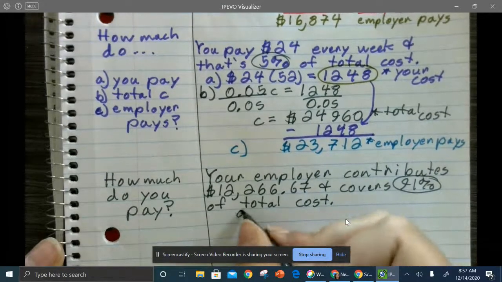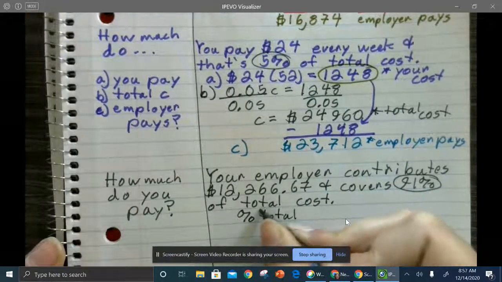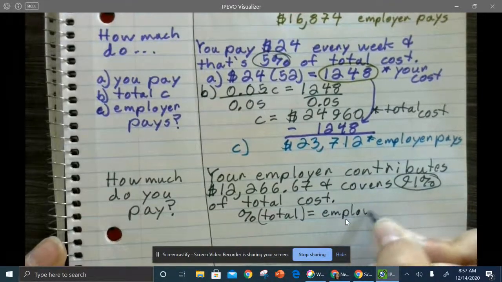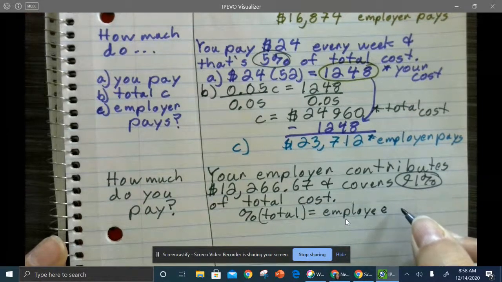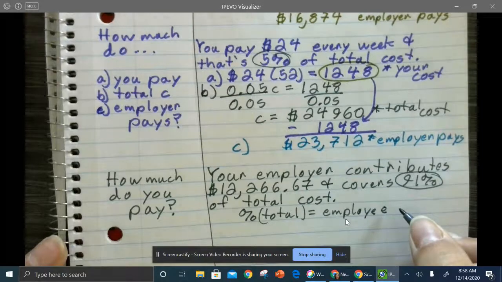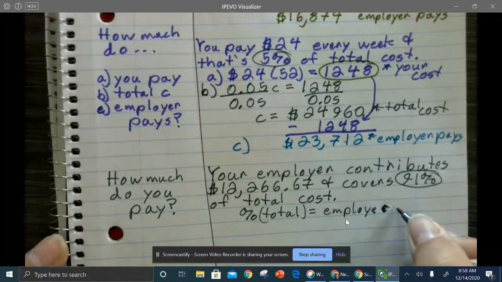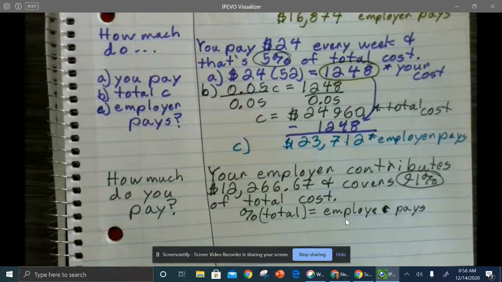So everybody remember it's the percent times the total equals what, that's going to give us what the employer pays for this one, everybody. Okay, because we're using 91%.